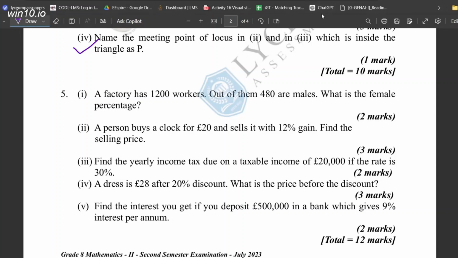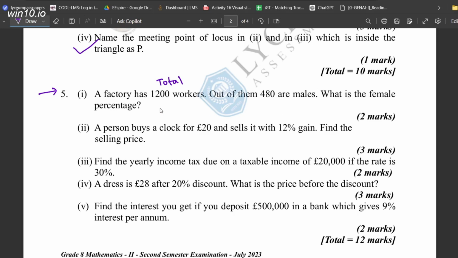Okay, in the fifth question we have a percentage problem. A factory has 1200 workers. This is the total. Out of them 480 are males. What is the female percentage?